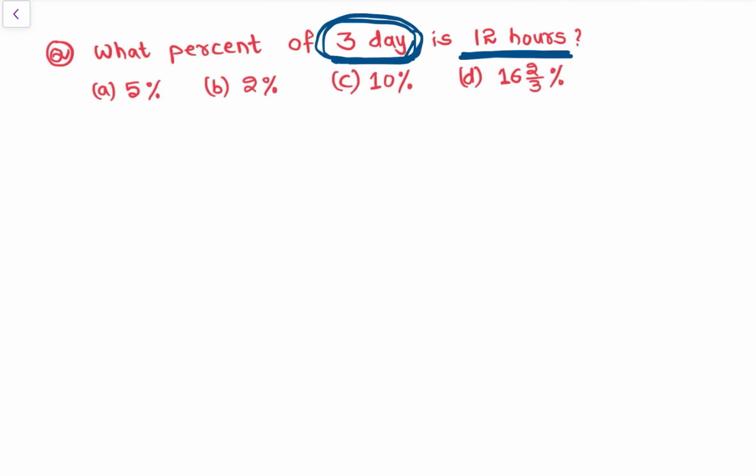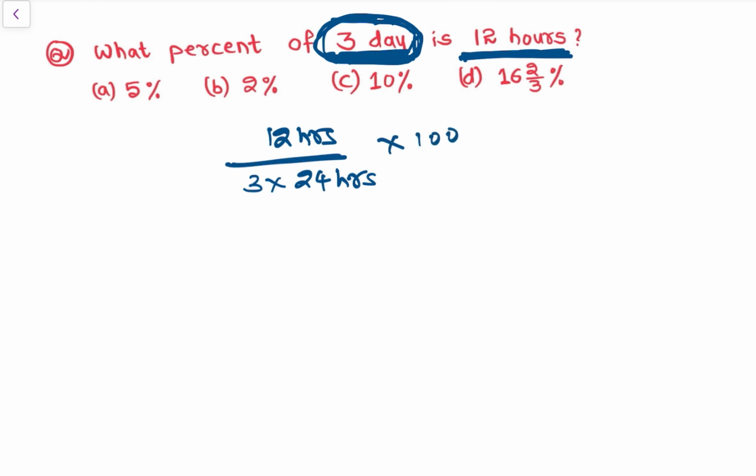This is the original. 3 days में 12 hours कितना है, ठीक है। The total quantity is 3 days, so total quantity नीचे आएगा. तो hours में change करना है, ठीक है। 3 into 1 day has 24 hours, so 3 into 24 hours, and 12 hours is the given quantity, ठीक है। Total quantity हमेशा नीचे आएगा into 100.